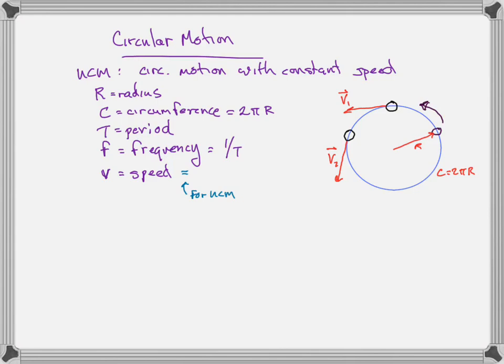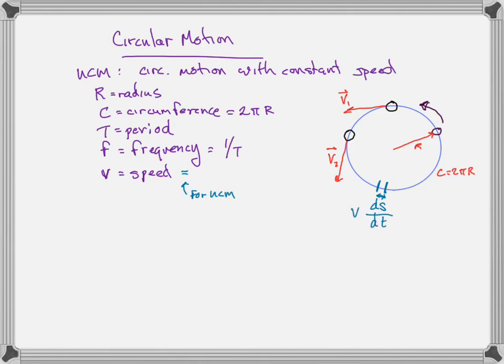The speed, remember, is the magnitude of the instantaneous velocity. So the speed really would be the amount of distance, the arc length, which we could call ds, and the amount of time it takes for that arc length, which we could call dt.